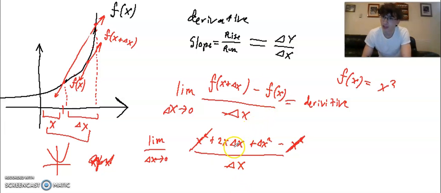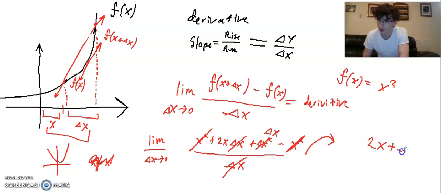But that's not all the canceling we can do. We have a delta x here and two delta x's here, delta x squared. So we can actually cancel these out. And instead of delta x squared, we just have 1 delta x. So let's rewrite this. We just have 2x right here plus delta x. We only have 1 left over right there.